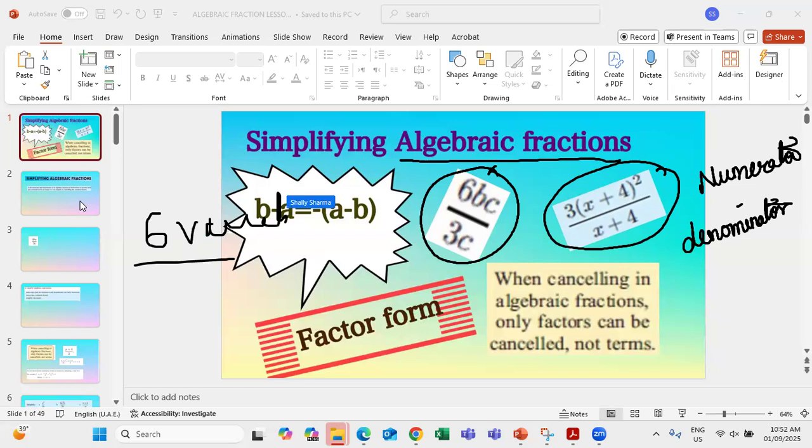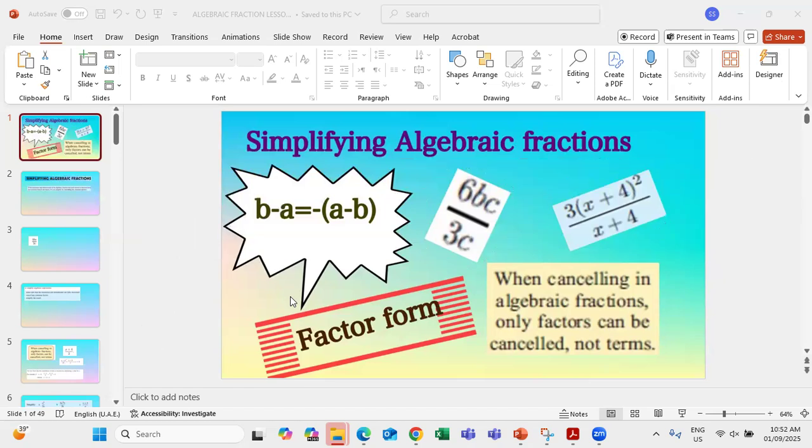But in arithmetic fractions, you have just numbers like 6 over 3 and so on. So algebraic fractions look similar to arithmetic fractions. The only difference is that algebraic fractions have variables. They have algebraic expressions, which are made up of different terms with constants and variables.